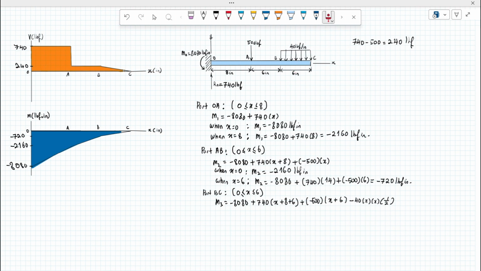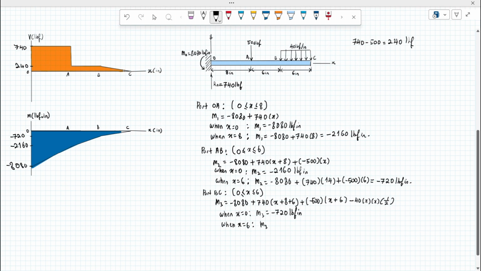So now we're going to calculate for this. When x is equals to 0, M3 would equal to, if you calculate this whole value, when you substitute x equals to 0, you would get negative 720 pound force inch. And then after that, we go to point C, which is at x is equals to 6.